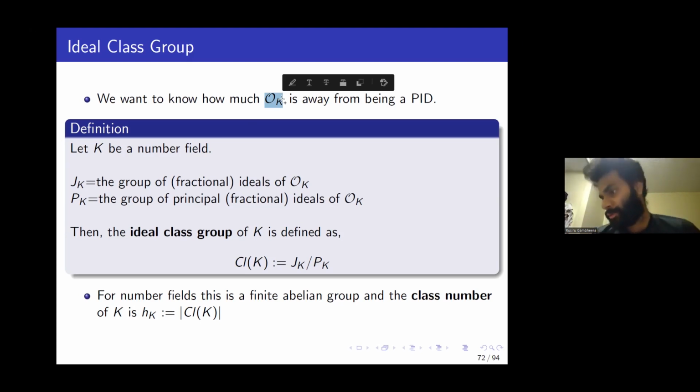If you have a number field K, there's a degree for that field extension K over Q. If the degree is n, you should visualize this ring of integers in n-dimensional space, and in that space, this ring of integers would form a lattice.